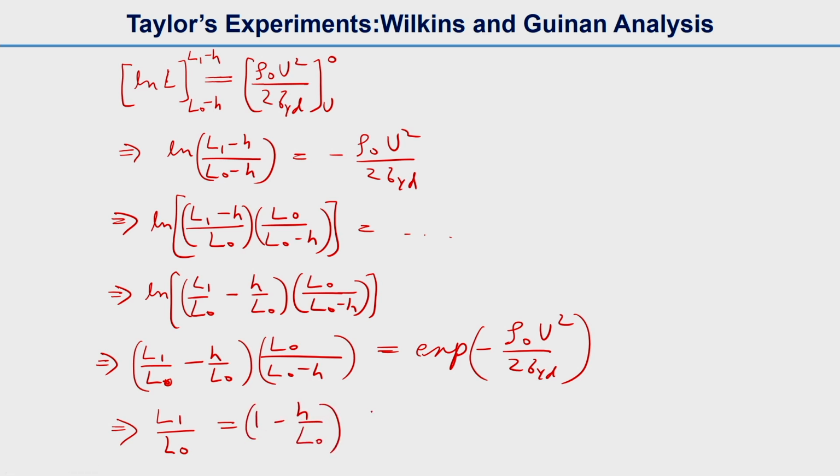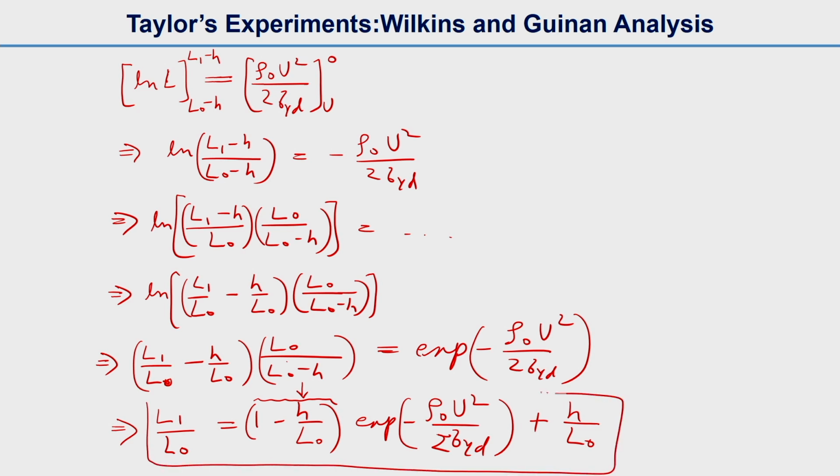I am not writing the intermediate steps here, so directly you can find it out, twice sigma yd plus h by L0. That h by L0 will come here, and if we invert it, L0 by L0 minus h, this will give this term. So this is the expression where the h by L0 term is, you can see h by L0 term, one term here and then one term here.